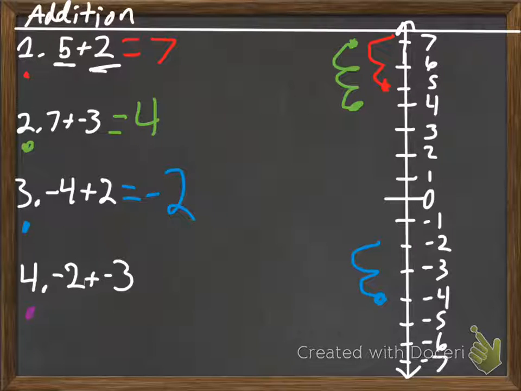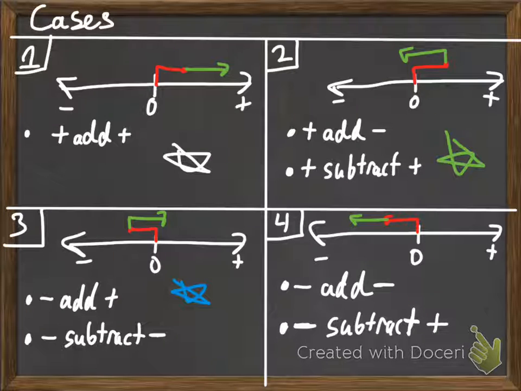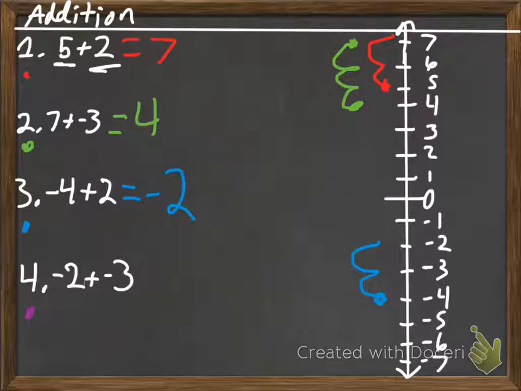And last we have negative 2 plus negative 3, that's here, negative adding a negative, so we're at negative 2, and we're going to add negative 3, which means we're getting smaller, so 1, 2, 3, and we are at negative 5.